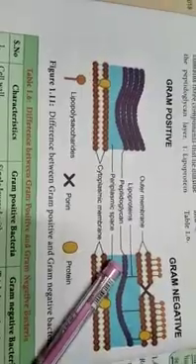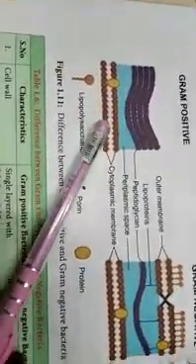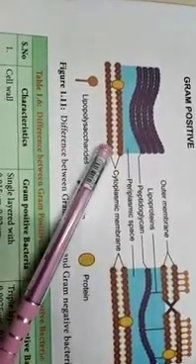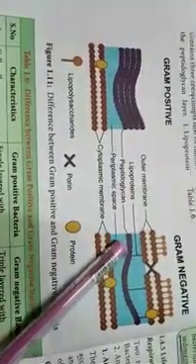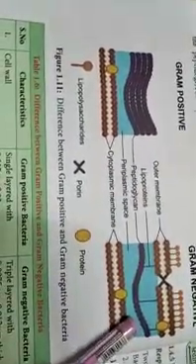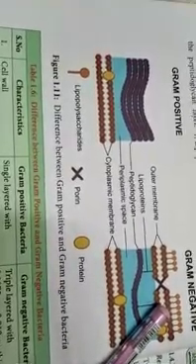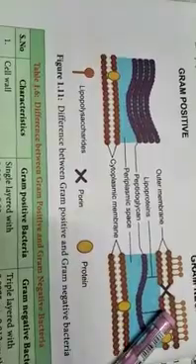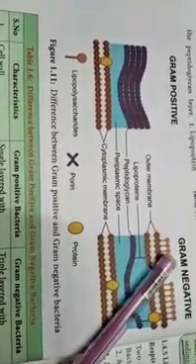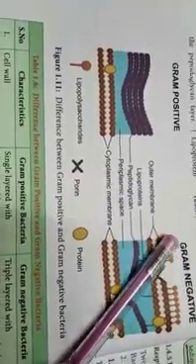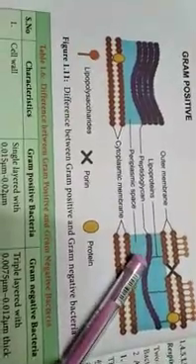Another point is that in gram positive the peptidoglycan is thick in nature, whereas in gram negative it is a very thin layer. Also, in gram negative bacterium three component layers are present outside the peptidoglycan layer: the lipoprotein, the outer membrane and the lipopolysaccharides.